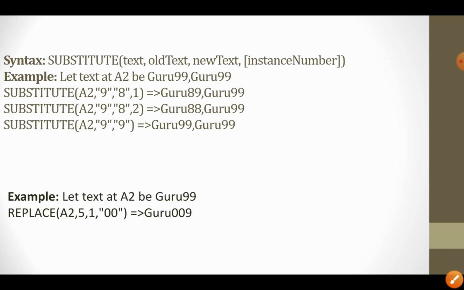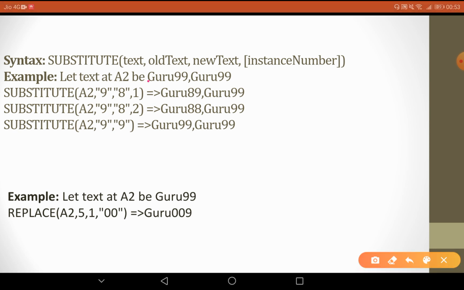Okay, if we see the substitute function, let us suppose there is this text, Guru 99. If we apply this syntax, substitute, you can see here this is A2. A2 is the text, which is the column reference, and 9 is the old text, and 8 is the new text, and the instance number is 1.